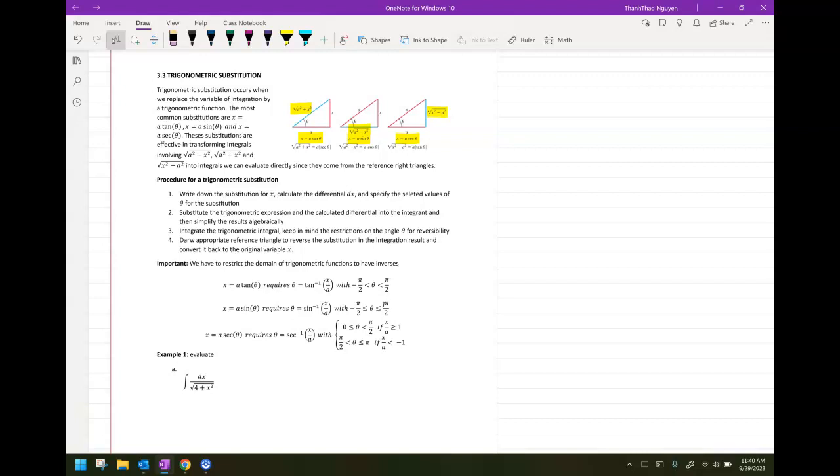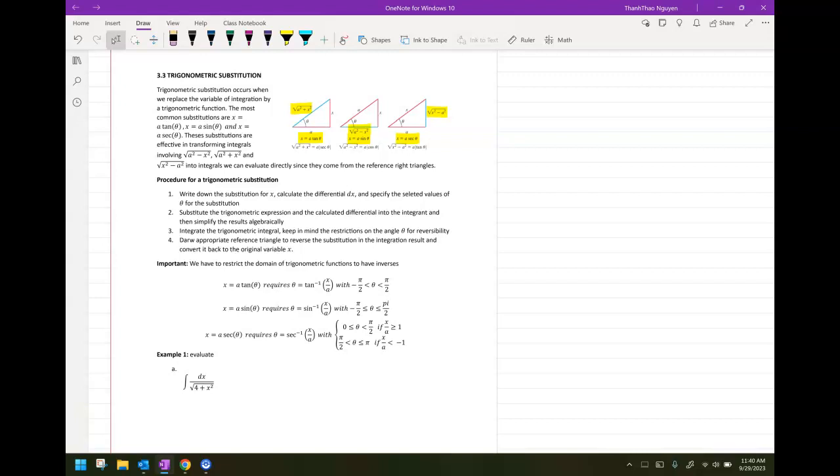So, the procedure for a trigonometric substitution: write down the substitution for x, calculate the differential dx, and specify the selected range of theta for the substitution. Substitute the trigonometric expression and the differential into the integrand, and then simplify the result algebraically.